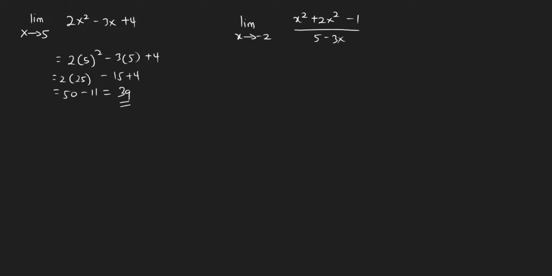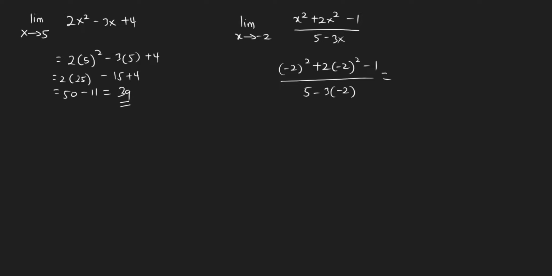I'll try direct substitution again and see if it will work. If it doesn't work, then we'll have to find a way to evaluate the limit. So we're going to have minus 2 squared plus 2 into bracket minus 2 squared minus 1, divided by 5 minus 3 into bracket minus 2.